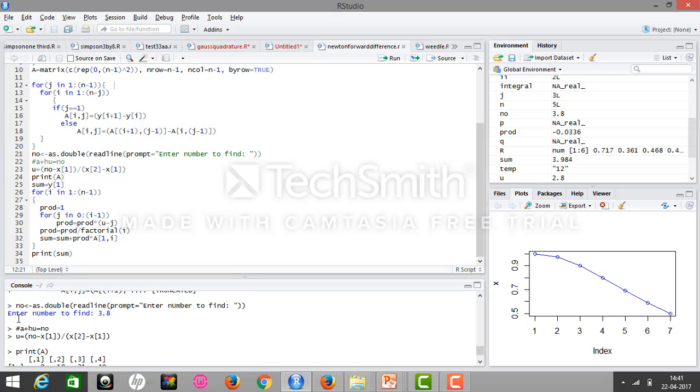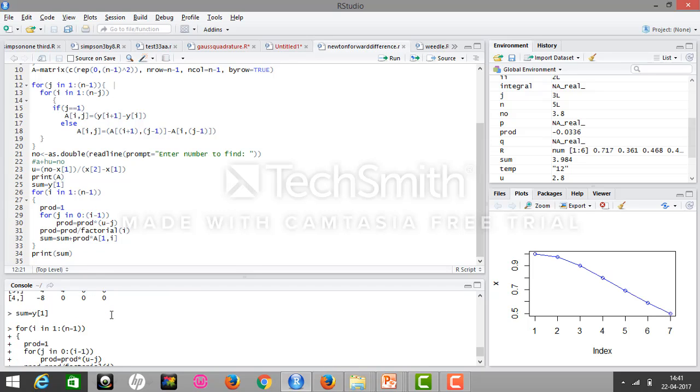Then it prompts what number you want to find, at what point you want to find the value of y. Let it be 3.8. Then for this we got the answer 3.984. So at point 3.8, the y value is 3.984.